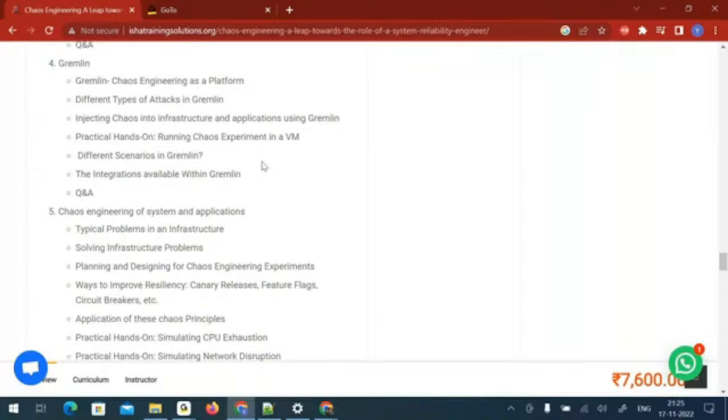Then we will be covering injecting chaos in databases, and what different attacks there are for different applications. Then automation we will be covering, like how you can use automation for chaos, for example, how you implement Gremlin into the CI/CD pipeline, right?